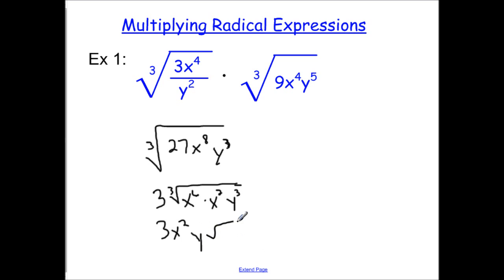What's left over underneath the 3rd root is x squared. And so this is our final answer. Once we simplified it and pulled everything out that we could, we get 3x squared, y, and then the 3rd root of x squared. Okay, so let's look at a couple more examples.